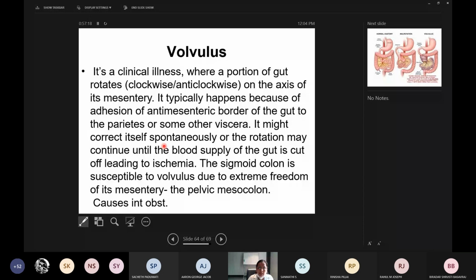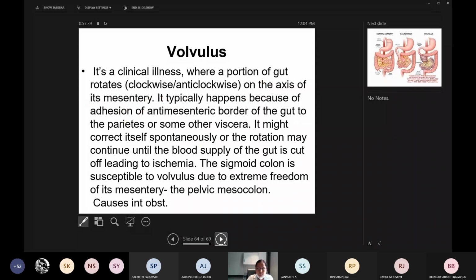It will start rotating or twisting, which ultimately leads to strangulation of the blood supply and intestinal obstruction. That is called volvulus, where a portion of the gut rotates on the axis of its mesentery.